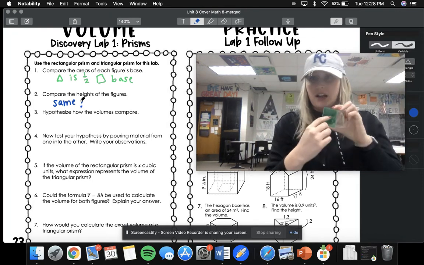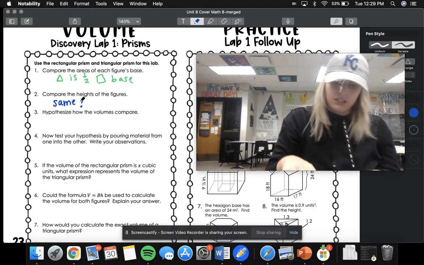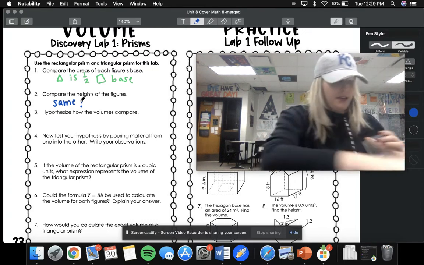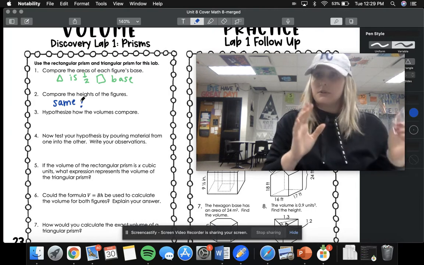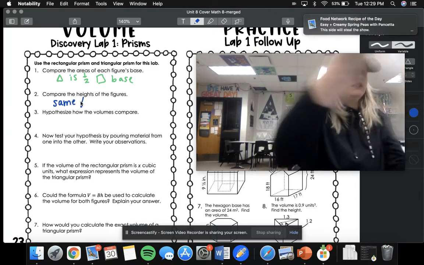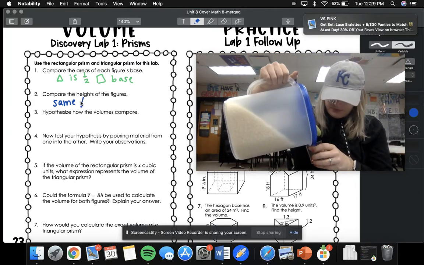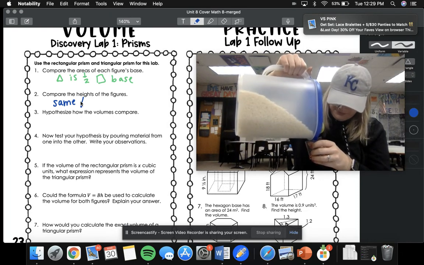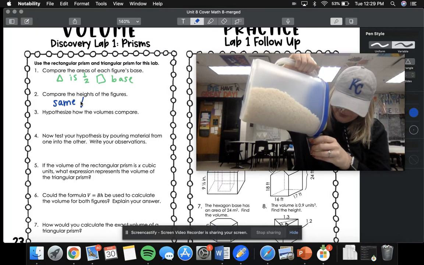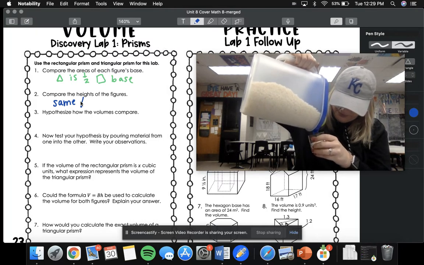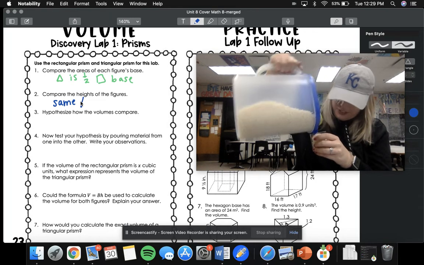Now we're going to test this. I'm going to take off the base just to make this a little bit easier. What I'm going to do is fill my triangular one with rice. Doing the best I can.